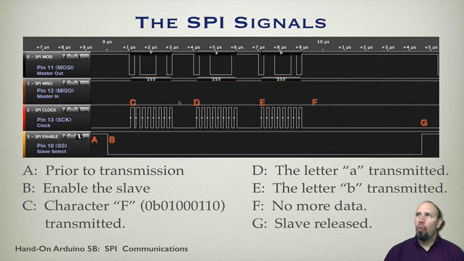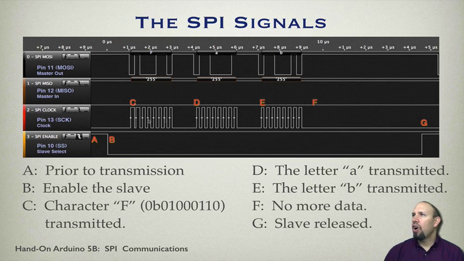When a character or a byte is put into the SPI data register, as soon as possible afterwards, that is the next clock cycle, it begins transmitting. Okay. And we can set the transmission rate by adjusting the clock rate.